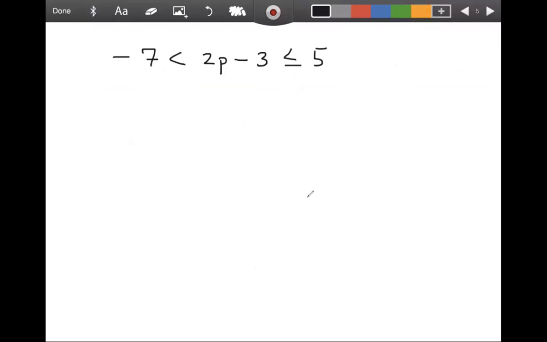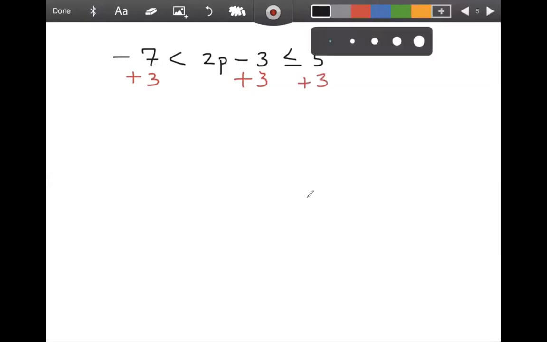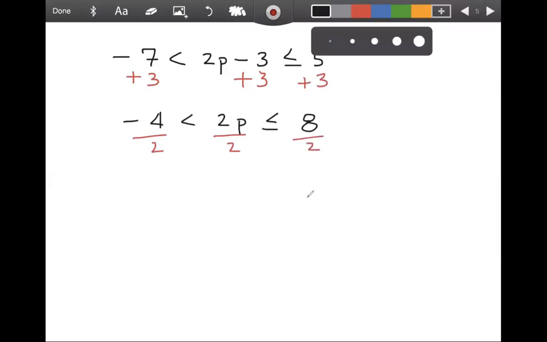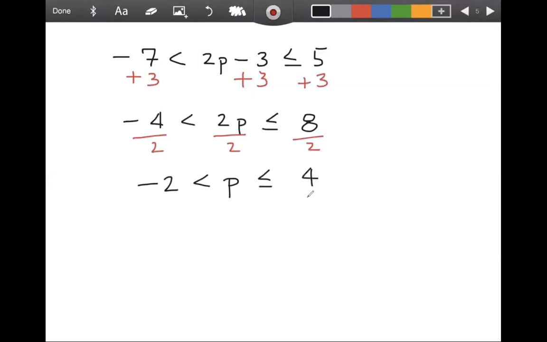-7 is less than 2p minus 3 is less than or equal to 5. I'm going to add 3 to all three parts, which gives me -4 is less than 2p is less than or equal to 8. And then I'm going to divide all three parts by 2, which is going to give me -2 is less than p is less than or equal to 4.